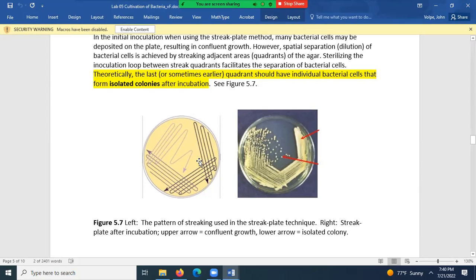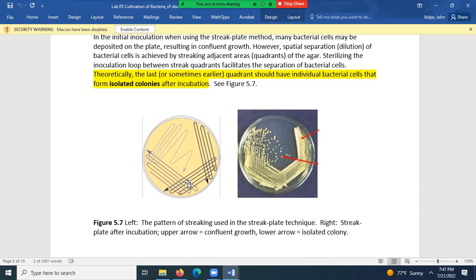And as you're streaking, you make sure that this sector has some overlap with the first sector so that you pick up some cells from sector 1 so that some cells will then be carried to sector 2.